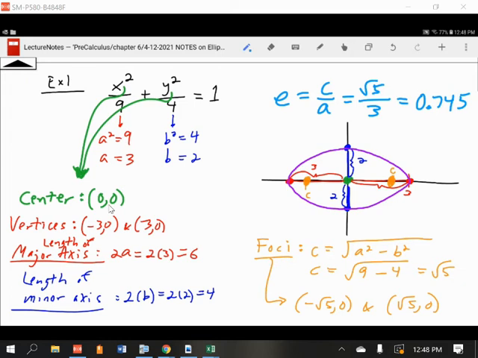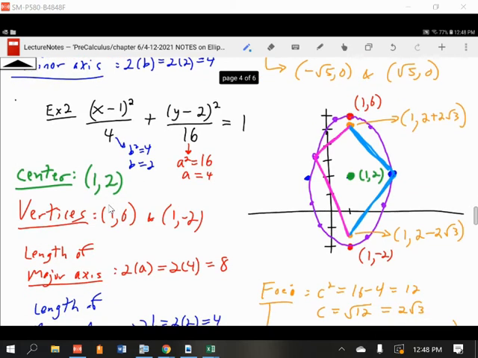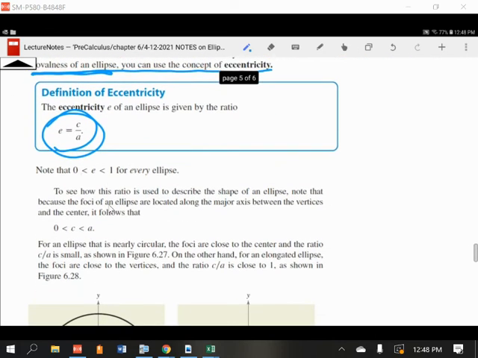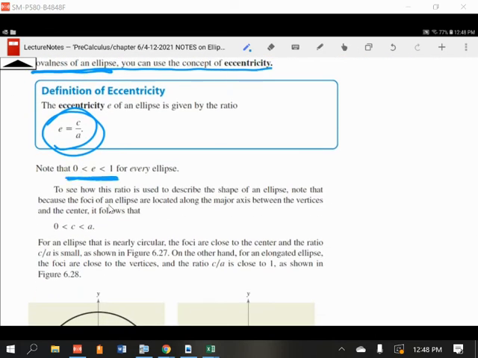So as eccentricity gets closer to 1, the ellipse is more oblong. If the eccentricity is really small, the ellipse is more circular looking, okay? So as it says down here, eccentricity is a number between 0 and 1.